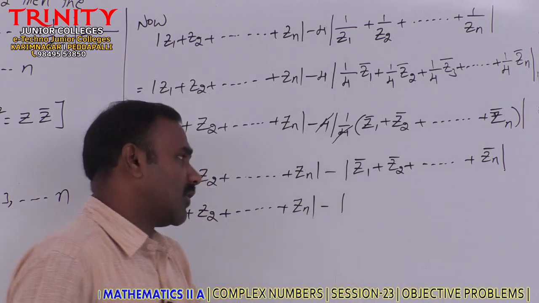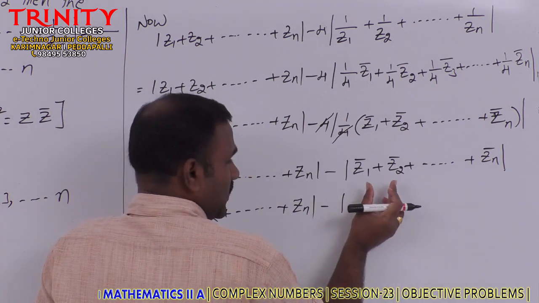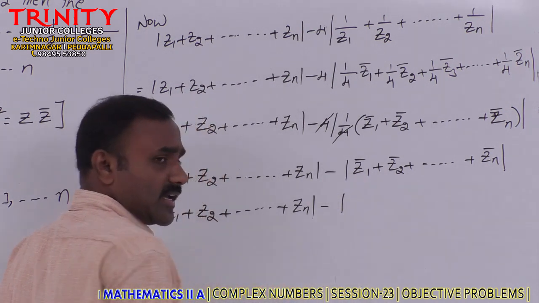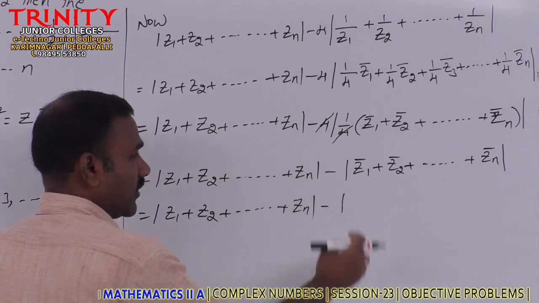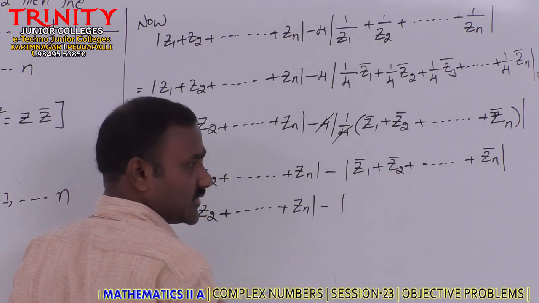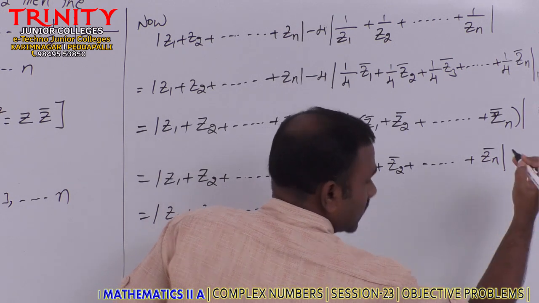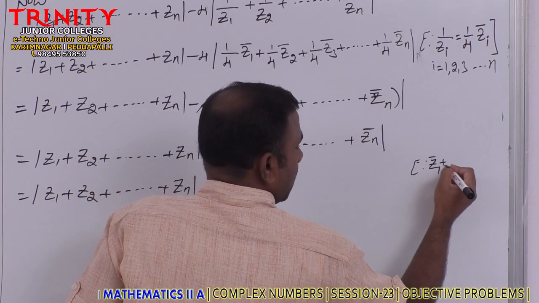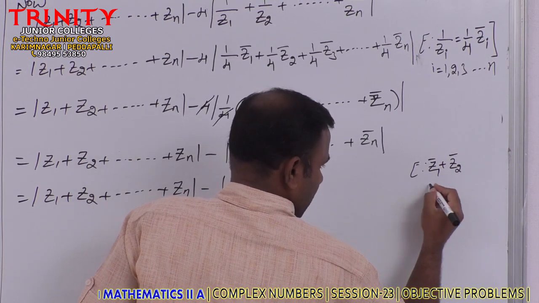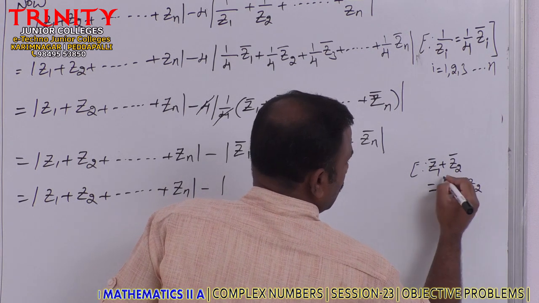From one of the properties of conjugate of the complex numbers, Z1 bar plus Z2 bar can be expressed as Z1 plus Z2 whole bar. Here I am writing the reason. Z1 bar plus Z2 bar can be expressed as Z1 plus Z2 whole bar.